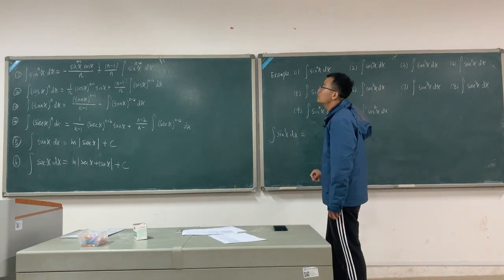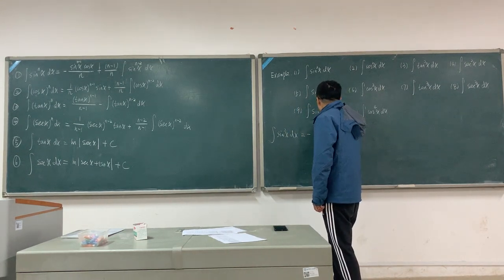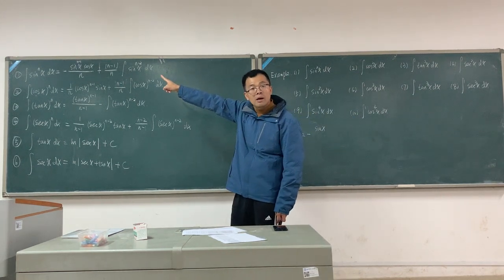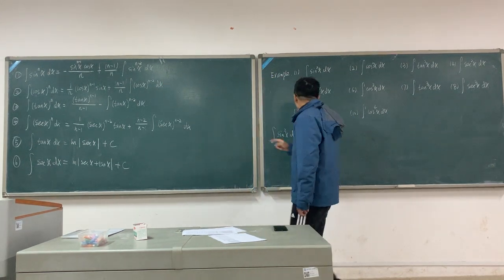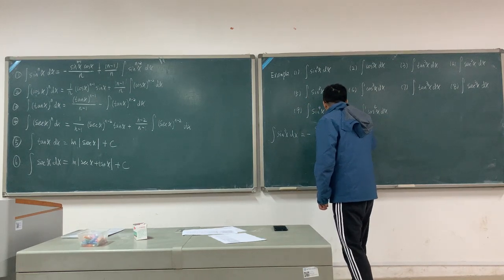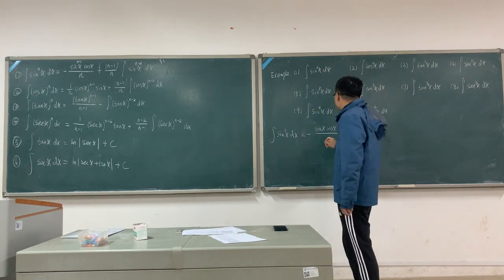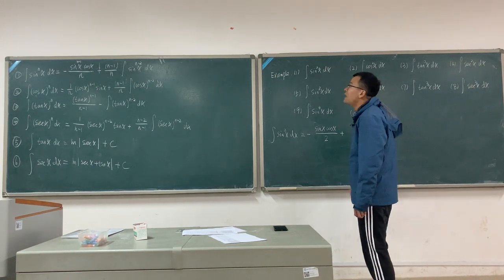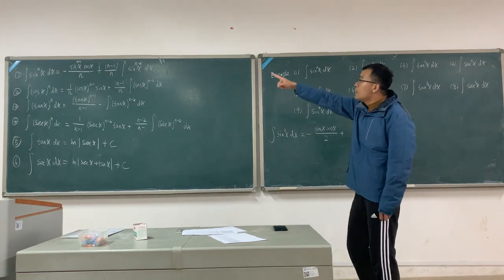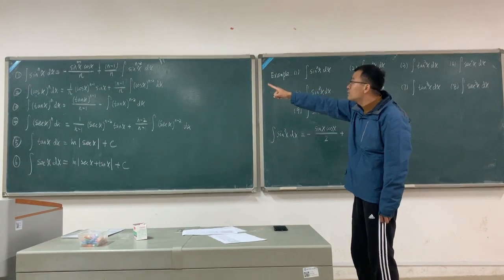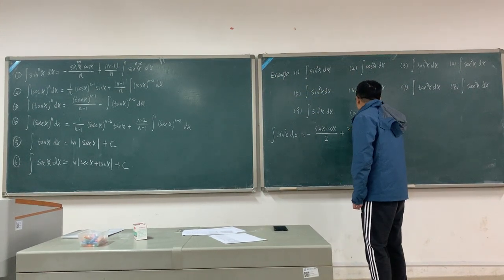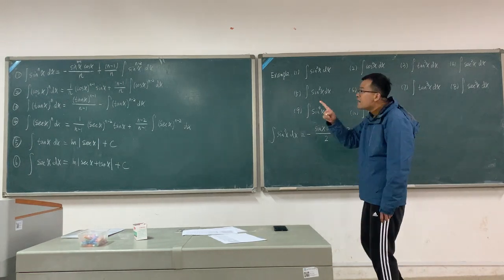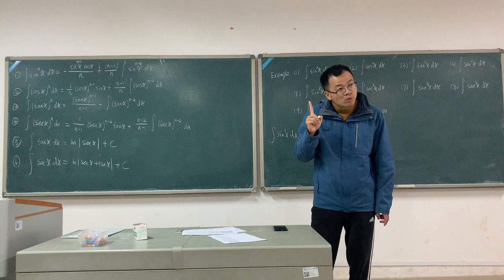So here it equals minus sin x to the power of 2 minus 1, times cosine x, divided by n, which is 2. So that is the first term. The second term is plus 2 minus 1 by 2 times the antiderivative of sin x to the power of 2 minus 2.